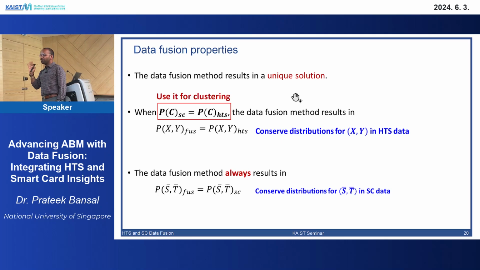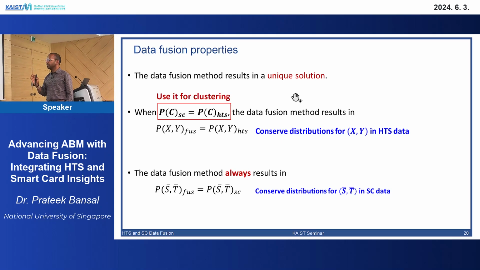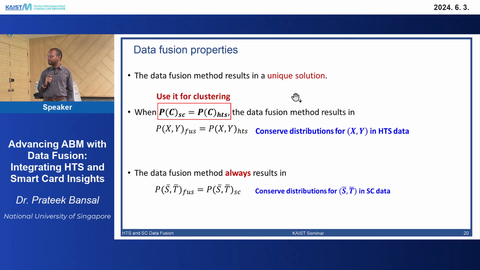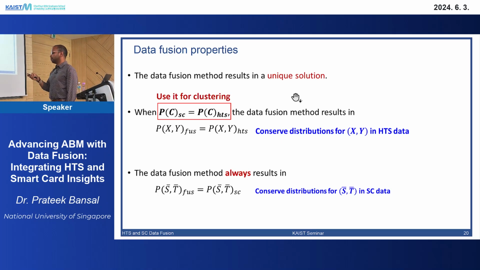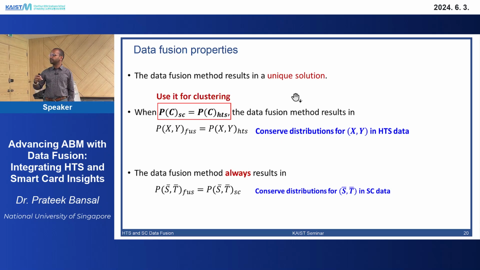So we will fully maintain the distribution in the fused data if we can maintain this condition. We can show this analytically, and I'll tell you the implications of this. And because we are solving this optimization problem, we always maintain that the fuse distribution of the S bar, T bar is the same as what we observe in the SC data, okay?